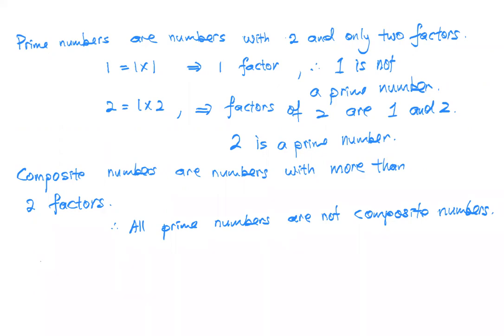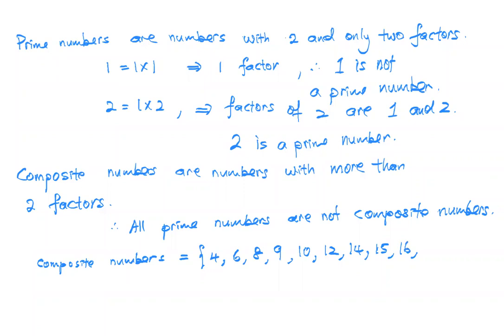When you say composite number, for this case, it will be 3 is not, 4 yes, 5 is not, 6 yes, 7 is not, 8 yes, 9 yes, 10 yes, 11 no, 12 yes, 13 no, 14 yes, all even numbers are except 2. 15 yes, 16 yes, 17 no, 18 yes, 19 no, 20 yes.